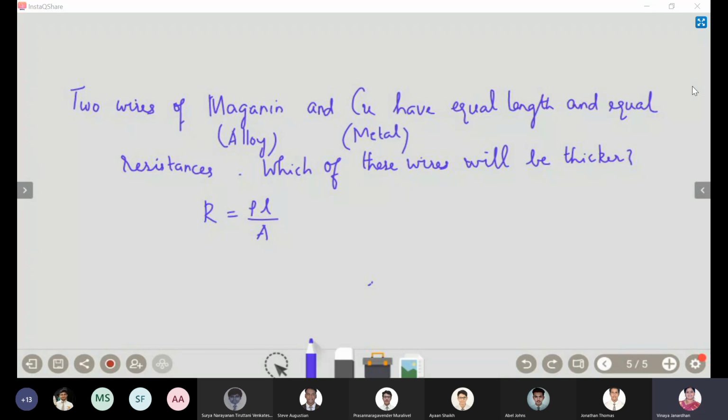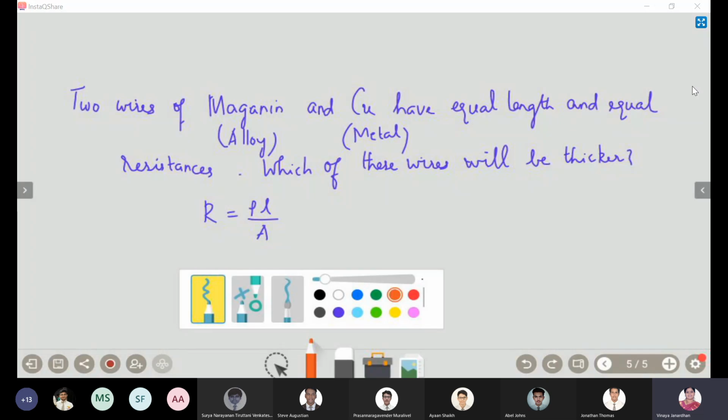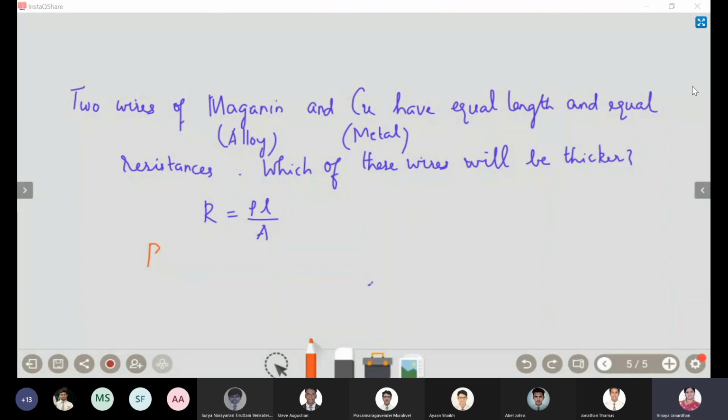Okay, boys? Now I'll go for manganese Rm by Rc. That will be rho. Ma'am, alloys have more resistance than metal. Yes, you can just directly, because L is a constant and R is a constant.